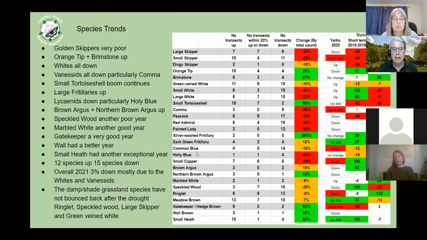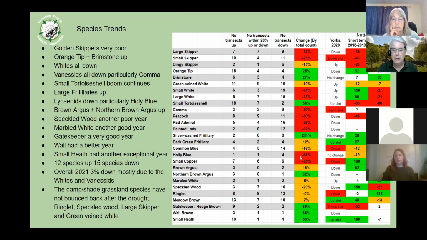Moving on to the lycaenids, they had a pretty poor year, and one in particular had a diabolical year. The holly blue, I think, has absolutely hit the bottom. They have two generations in a year, and the second generation was the first time we actually saw some increasing numbers.